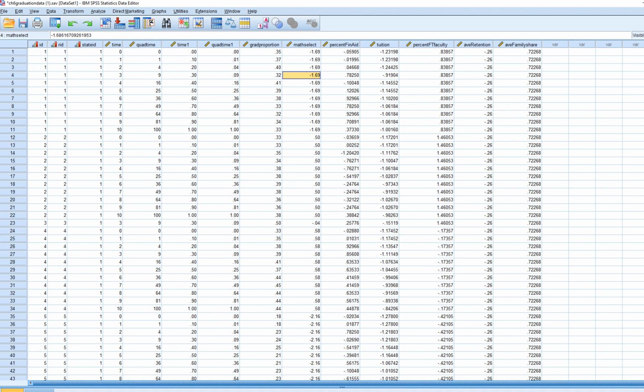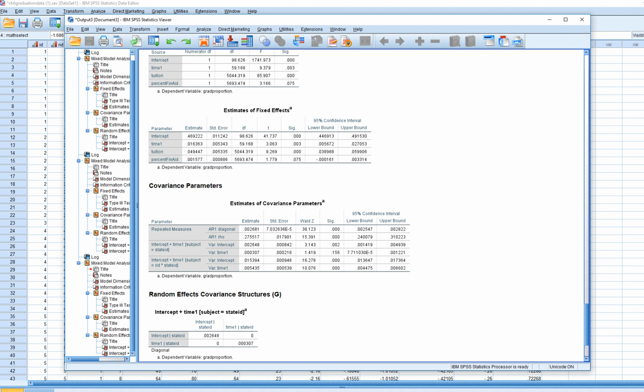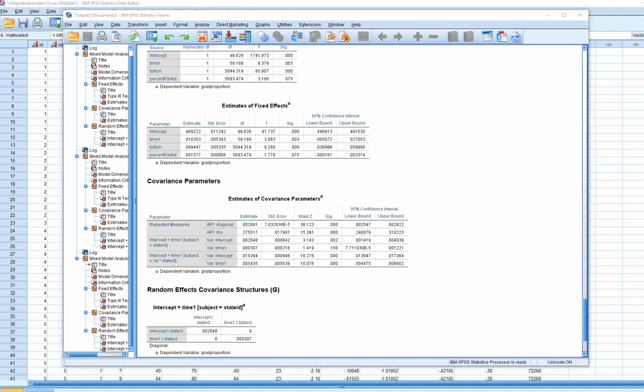So at any rate, when we ran our basic model, let me see if I can pull it up here. What we found in our last video was that time emerged as a significant positive predictor of graduation proportion. So across institutions and across states, we saw a positive predictive relationship between time, the time one variable that we have right here, and the proportion of students graduating.